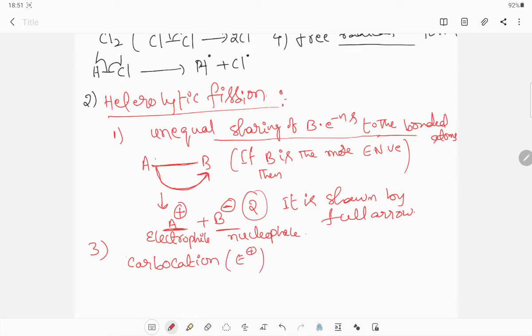And carbanions are also formed; carbanion is one part of nucleophiles. So mainly electrophiles and nucleophiles will be formed. So this is homolytic fission and heterolytic fission, the types of fission.